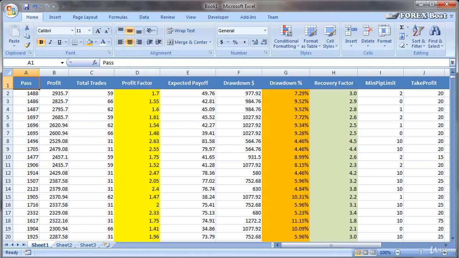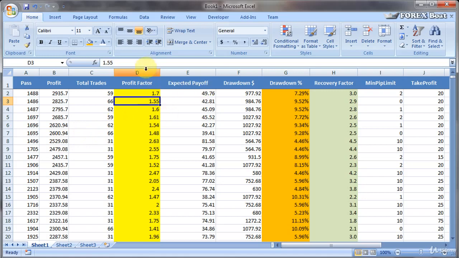I've highlighted the three parameters that we're looking at: the profit factor, the drawdown in terms of percent, and the recovery factor, which we calculated ourselves, using the formula we introduced in the previous tutorial, because this parameter is not calculated in MetaTrader 4. So now we want to find the backtests that fit the criteria we're looking for.